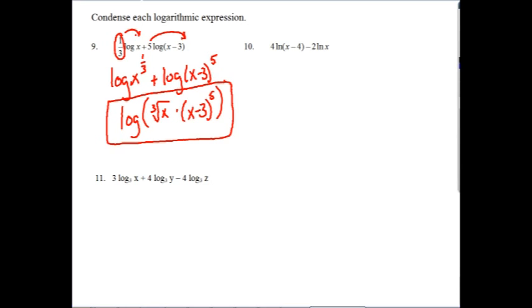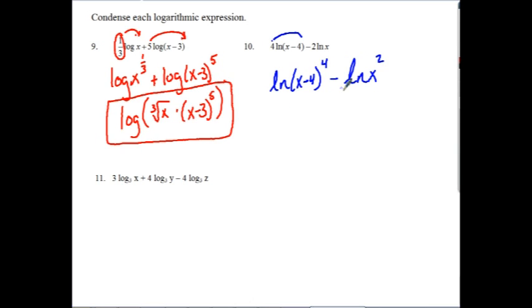Number 10, we have 4 natural log of x minus 4. So this 4, remember, will go as the exponent right there. So it'd be natural log of (x minus 4) to the 4th power. And the same thing with that 2. That 2 would go as the exponent of the x. Okay.